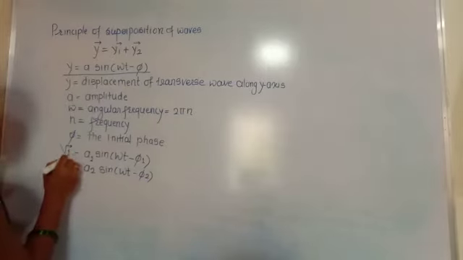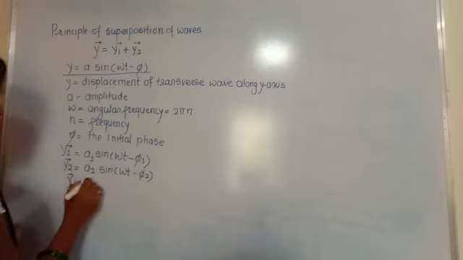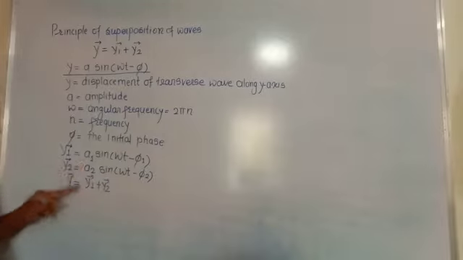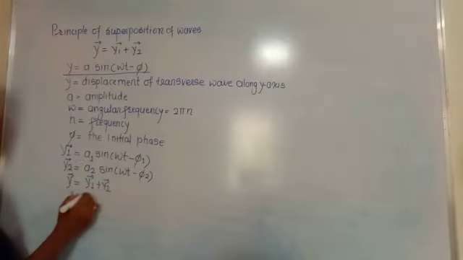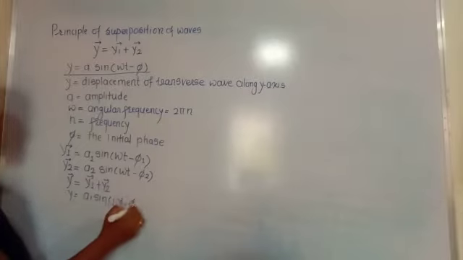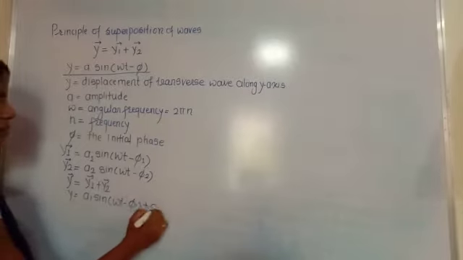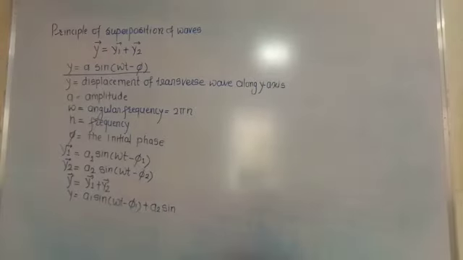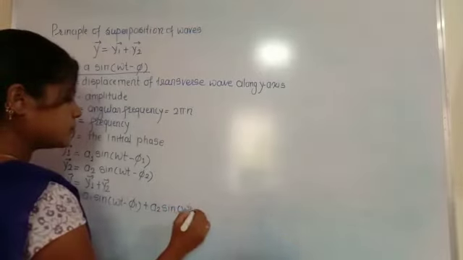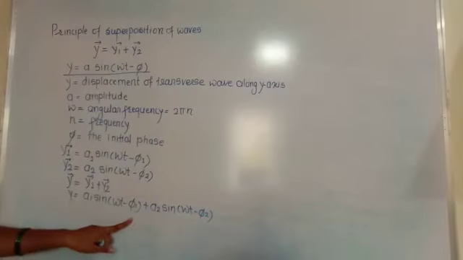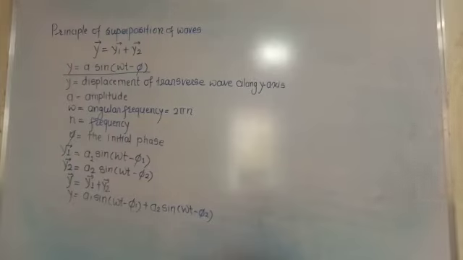Putting the values of y1 and y2, we get y is equal to a1 sin(omega t minus phi1) plus a2 sin(omega t minus phi2). So we have to solve this equation.